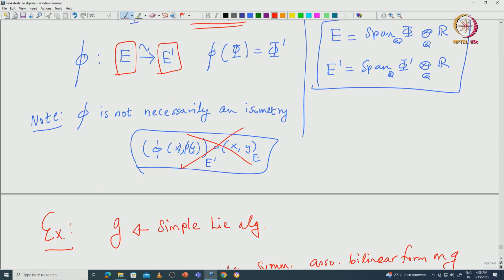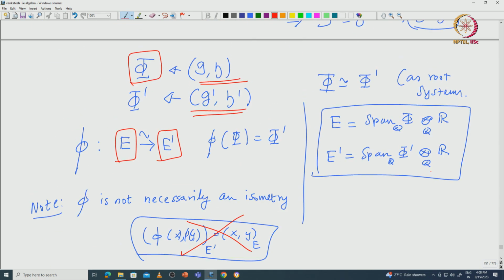Okay. So now if you go back to the Euclidean space that is associated with phi, you can see that the inner product on this capital E is actually induced from the killing form on G. Similarly, the inner product on E dash is actually induced from G dash.